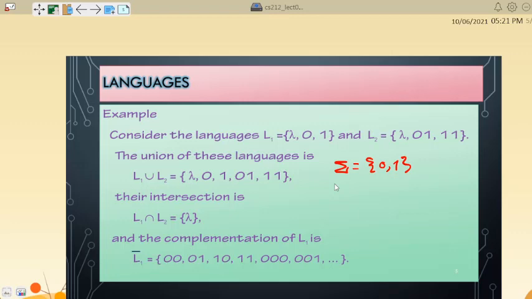Lambda is in L1, so we cross this one out. 0 is in L1, so we cross this one out. 1 is in L1, so we cross this one out. So now our complement of L1 is equal to, we start with 0 0, and then 0 1, 1 0, 1 1, 0 0 0, 0 0 1, etc.